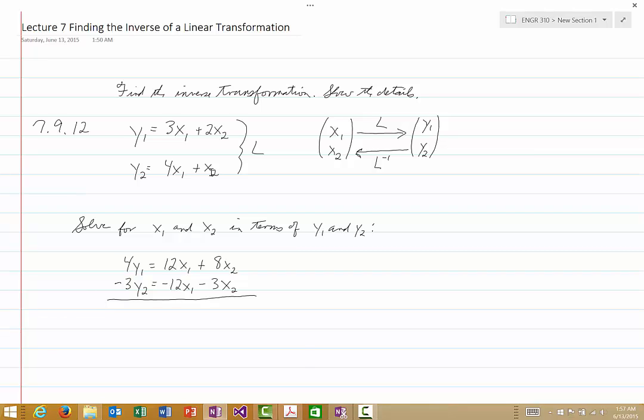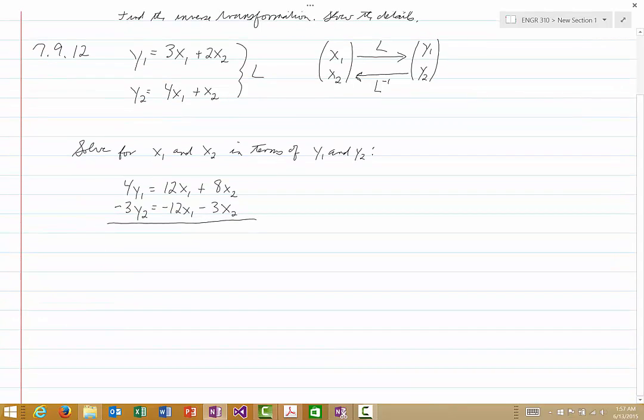When we add up the left-hand sides of the two equations, we will get 4y1 minus 3y2. And when we add up the right-hand sides, as we've already said, the x1's drop out, and we have 8x2 minus 3x2, or 5x2.